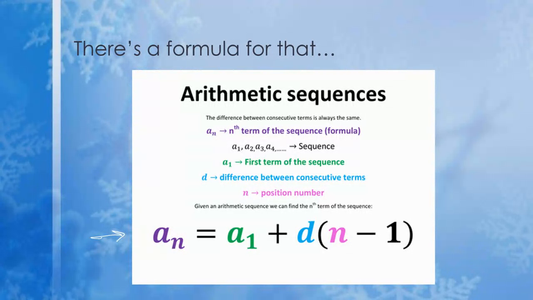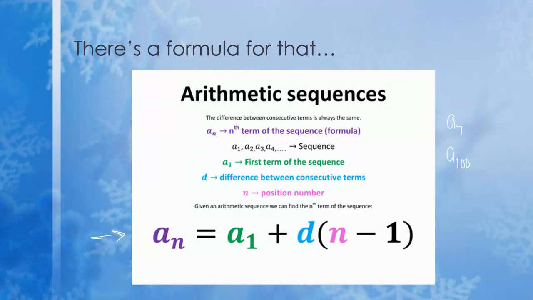a sub n is the nth term. So for example, if I wanted to find the 7th term, I would say a sub 7, that's going to be the 7th term. If I wanted to find the 100th term, it'd be a sub 100. That's the 100th term. a sub 1 is always the first term of your sequence, whatever it might be. On my last one, it was 55, because that was the first term. d is your D value, the difference, positive or negative, and then n is your position number.